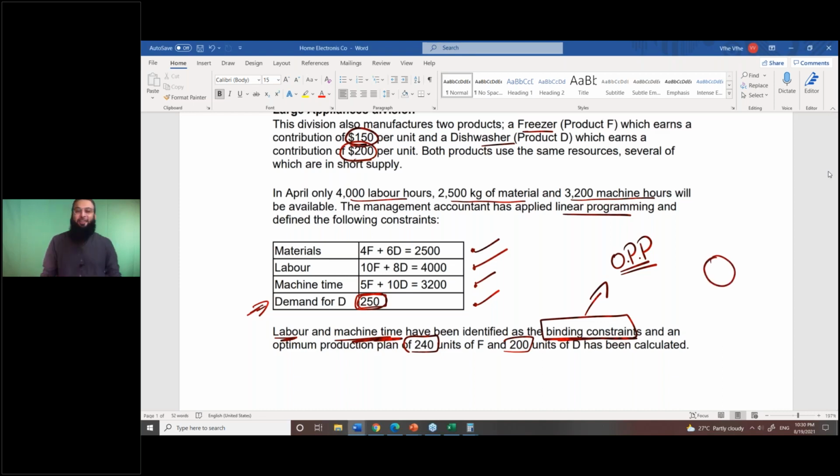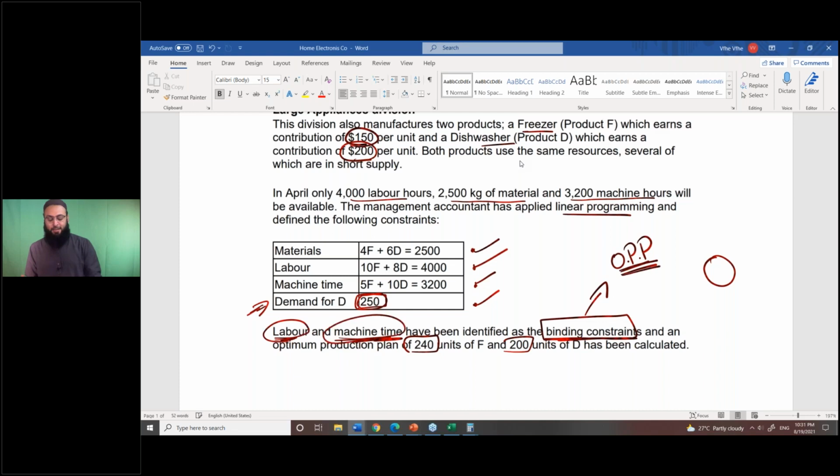Many misunderstood the question in the exam. Yes, the answer is 0. You know why? Because the binding constraint were labor and machine.